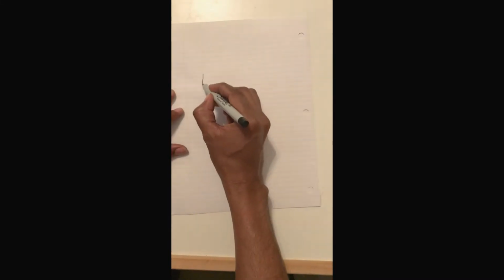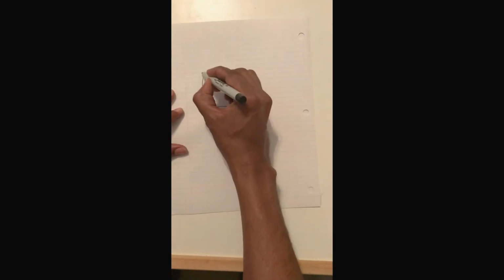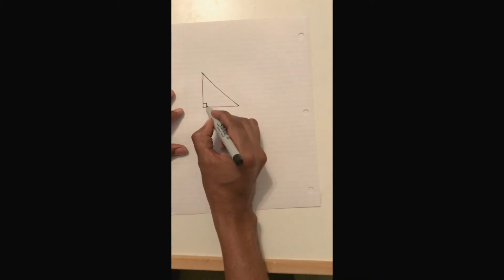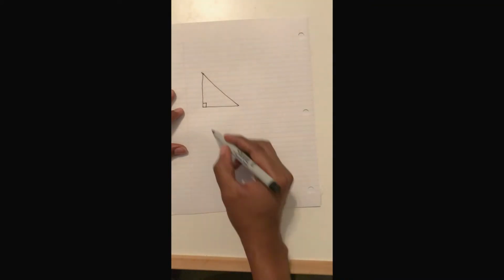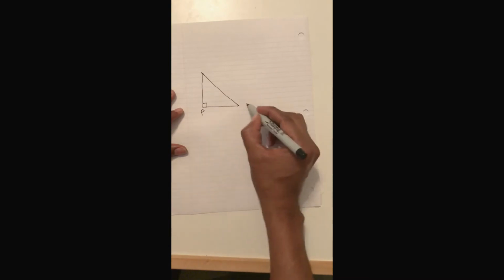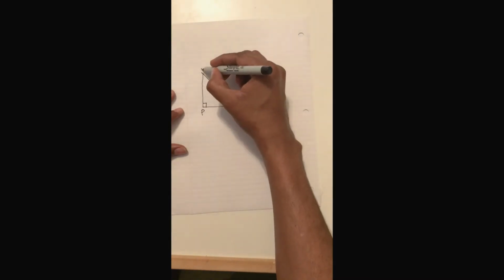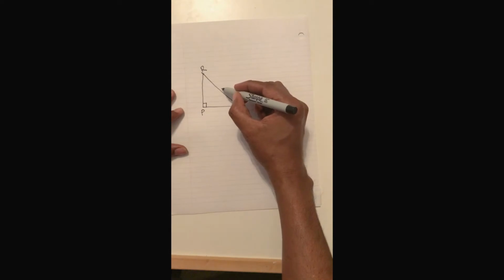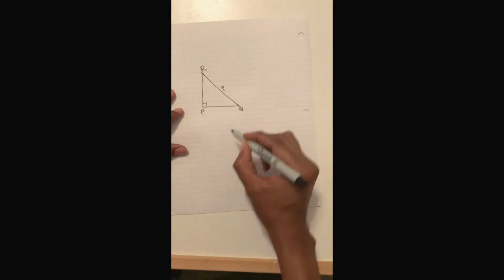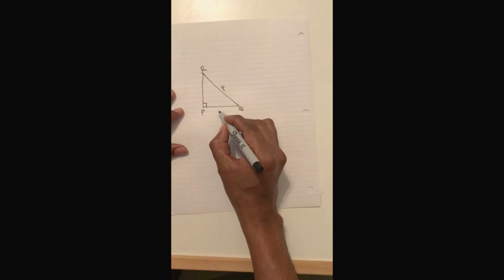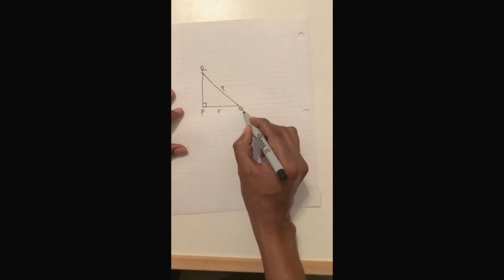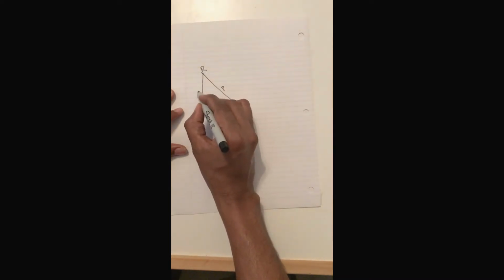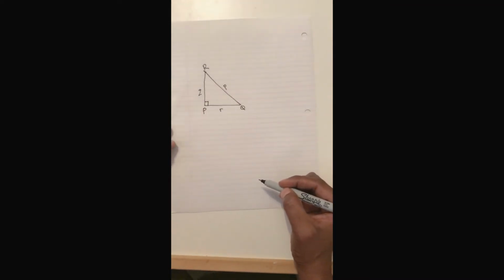Say you have a right angle triangle where you have here P, Q, and then R here. The hypotenuse is, let's say, small p, the base is small r, and the height of the triangle is small q.